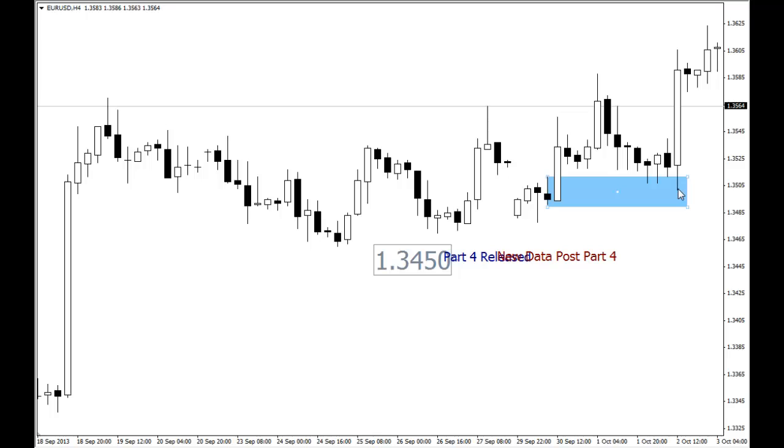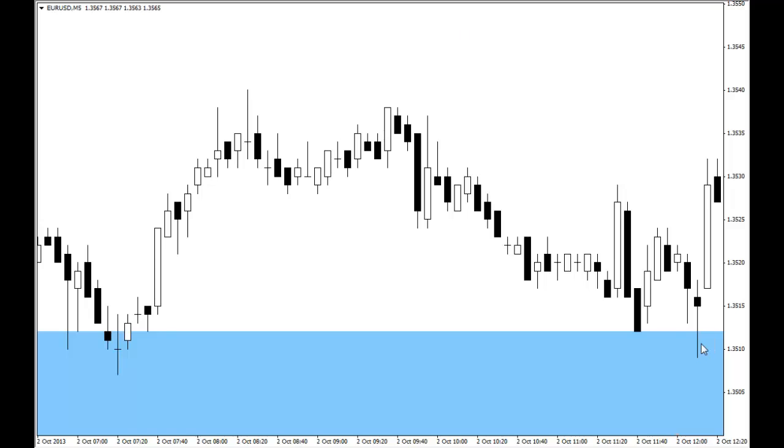So we're going to look at how price dipped into it here on the 2nd of October. And we're going to just take this little thing here and drop it right on there. And when we go down to a 5-minute chart, it should drop us into the New York session.